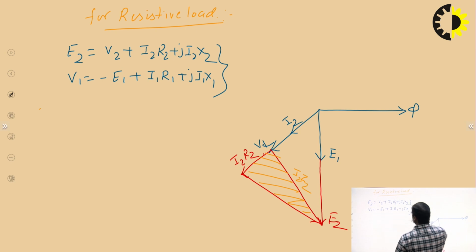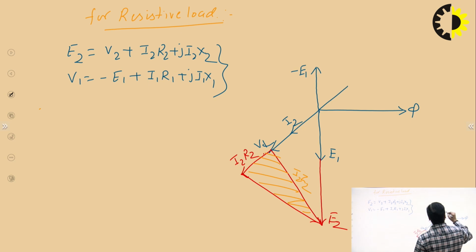Again, on the primary side, in the primary equations, we write this minus E1, then the opposite of I2 is I2 dash. This is I naught.